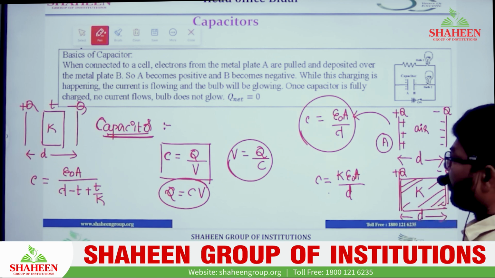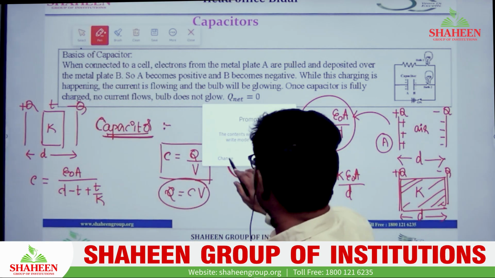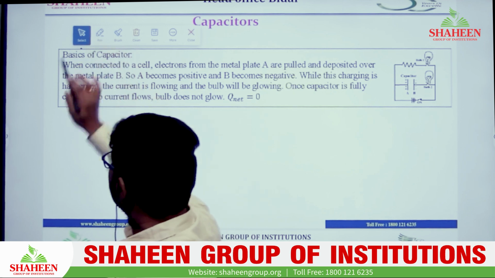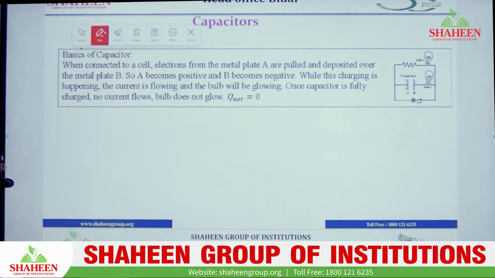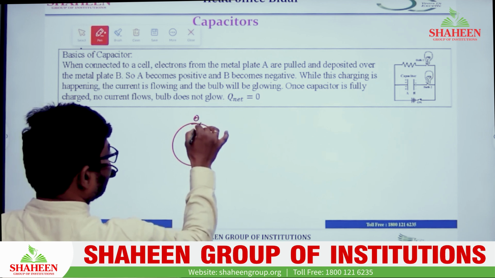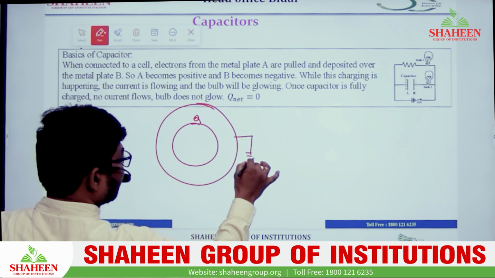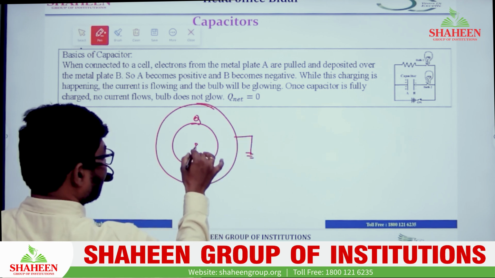Now the capacitance of a spherical capacitor. One plate has charge q with radius a, and the other plate, connected to earth, has radius b.